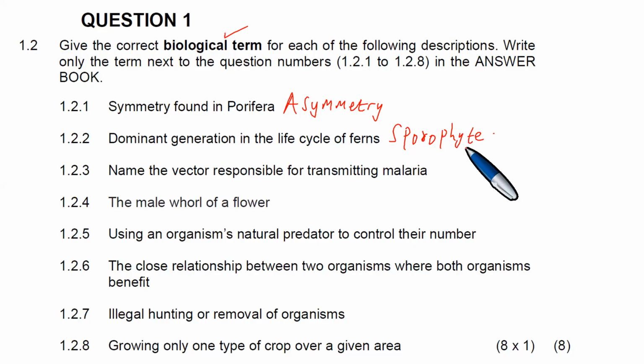Right? So I'm giving you 2 minutes to try and do 1.2.3. Name the vector responsible for transmitting malaria. Malaria is a big problem, especially in the rainy seasons across Africa.